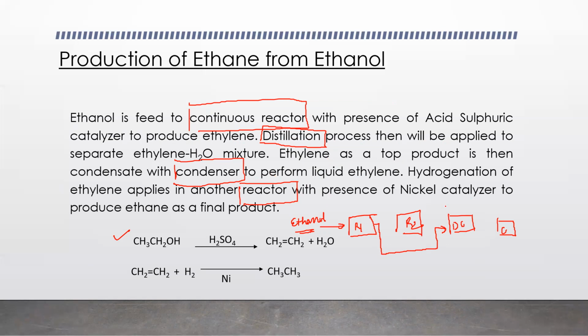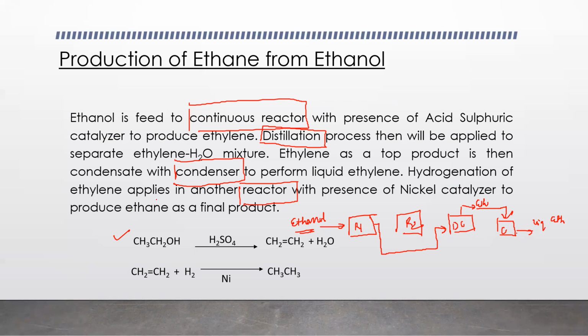Ethylene as top product. So from the top we have ethylene, which is then condensed with a condenser. All right. So this is going to go into the condenser. All right. And then to give you liquid ethylene. All right.